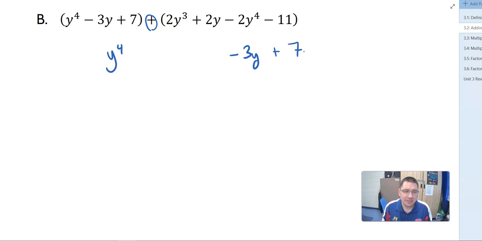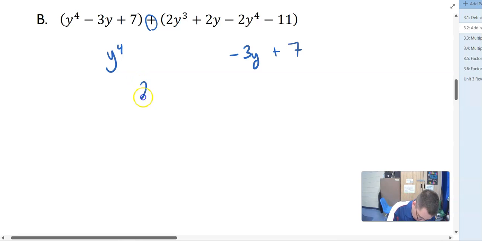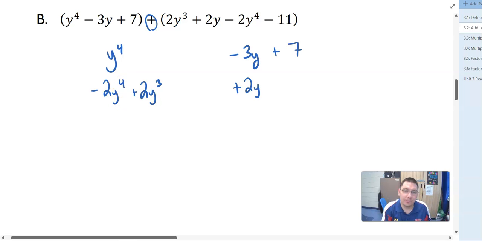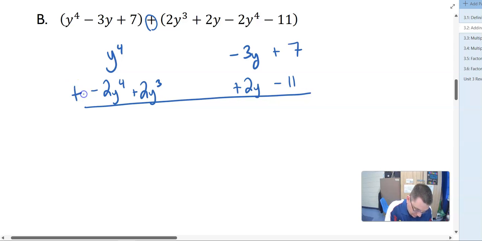And so when we look at that second polynomial, well, I've got 2y cubed, so that's going to be here, and that's a positive, plus 2y, again, lining up what belongs to each other, minus 2y to the fourth, and then minus 11. And so we're adding all these together, so y to the fourth plus negative 2y to the fourth.